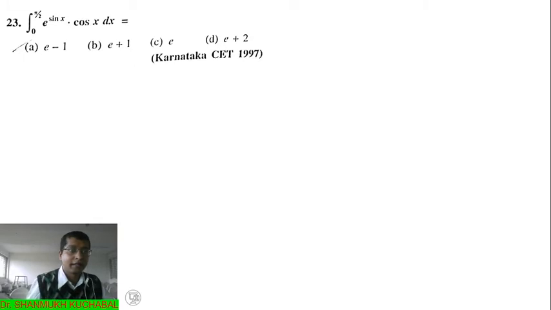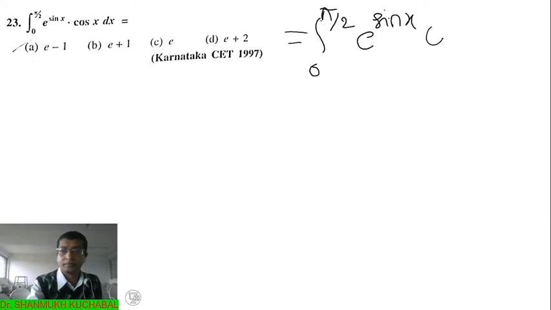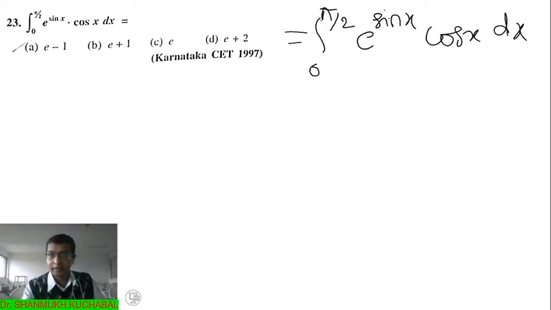Example number 23. Integral 0 to pi by 2 of e raised to sin x into cos x dx.